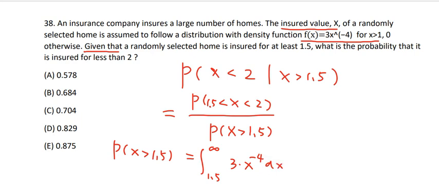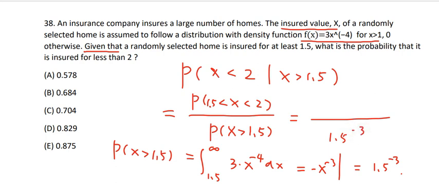For this one, it is actually really easy. The antiderivative is negative x to the negative 3. So we find the answer is 1.5 to the negative 3 power.